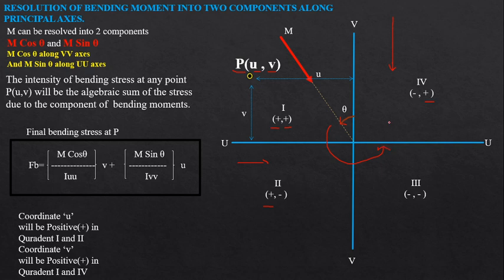That's why u and v both are positive in the first quadrant. In the second, only u is positive, v is negative. In the third quadrant, u and v both are negative. In the fourth quadrant, u is negative and v is positive.